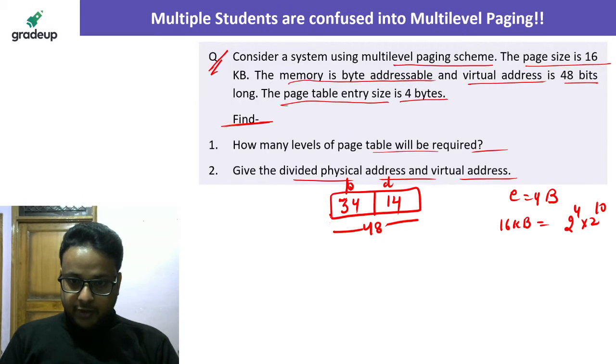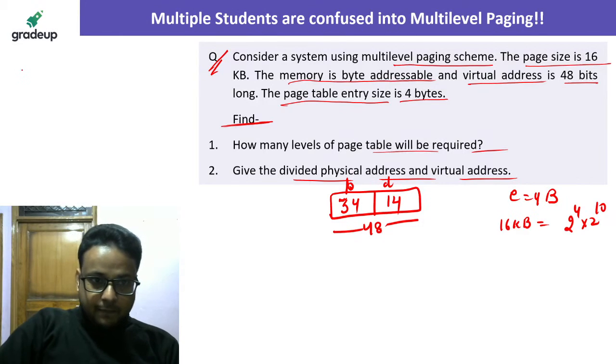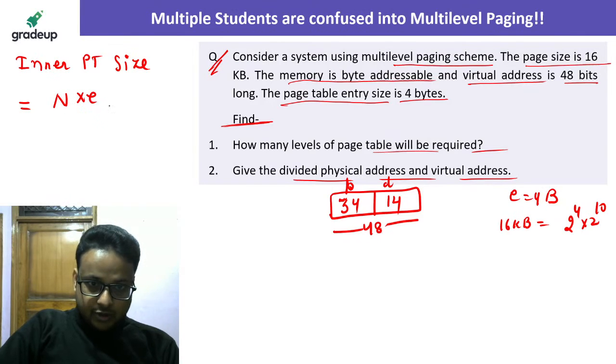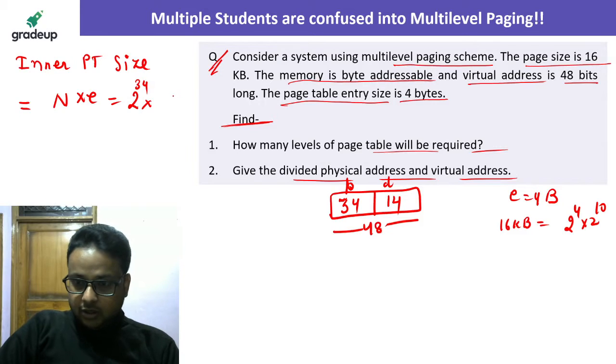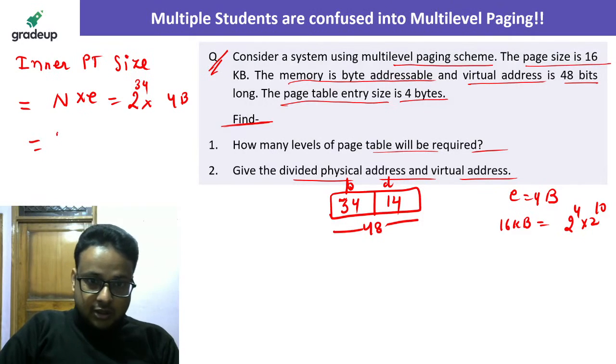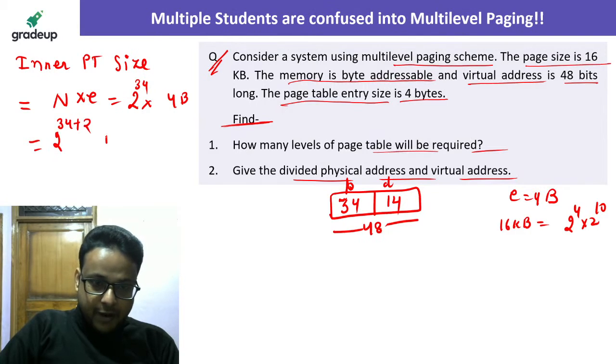Now we try to find the inner page table size. The inner page table size will be N into E. Here N is 2 to the power 34 and E is 4 bytes, so it will be 2 to the power 34 into 2 to the power 2 bytes.